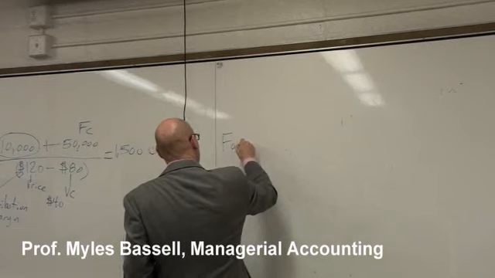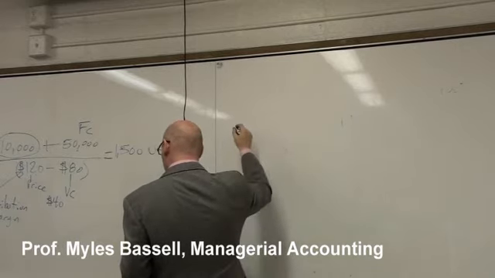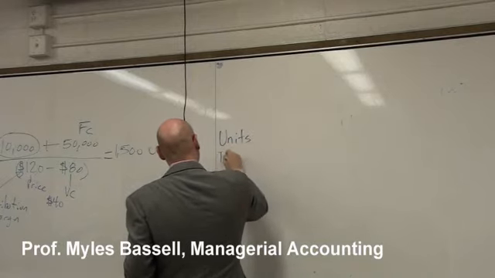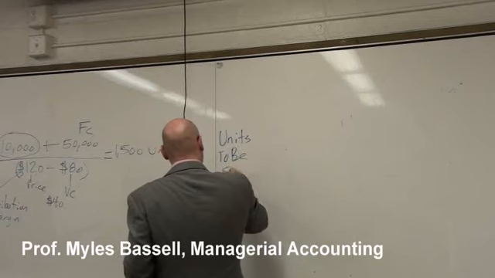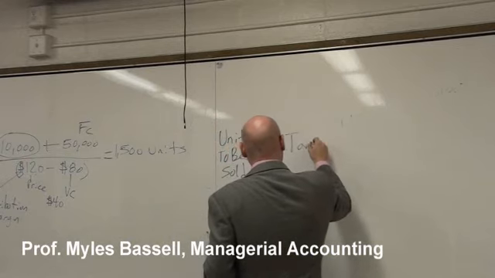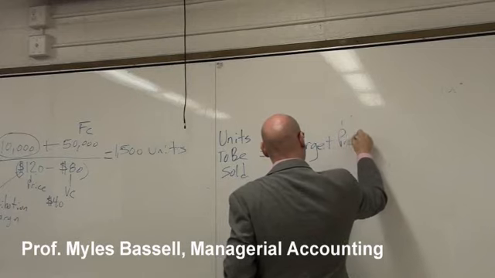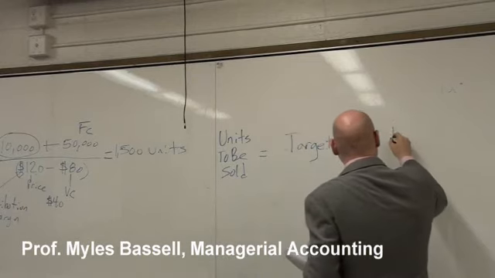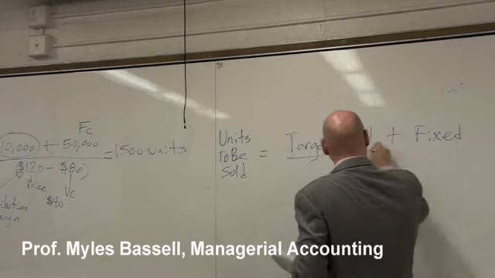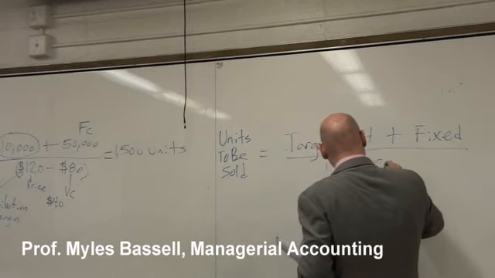All right, so I'm going to write the equation on the board. Did everybody get 1,500 units? So the units to be sold is equal to the target profit, in this case 10,000, plus the fixed expenses, divided by the unit contribution margin.